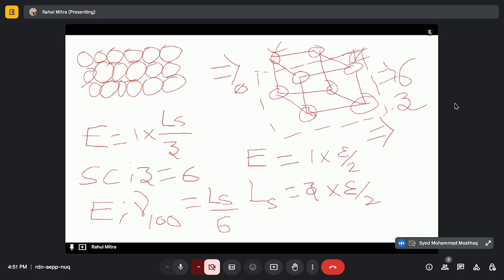Or we can even represent it in bond energy terms, that will be bond energy divided by 2, because only one bond is broken.